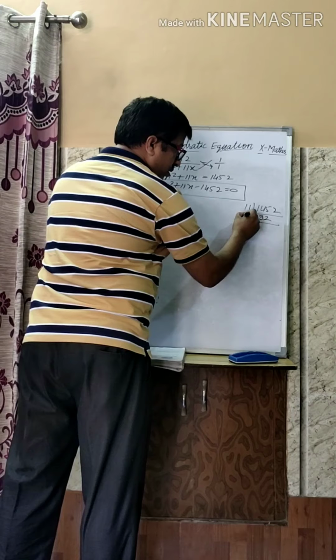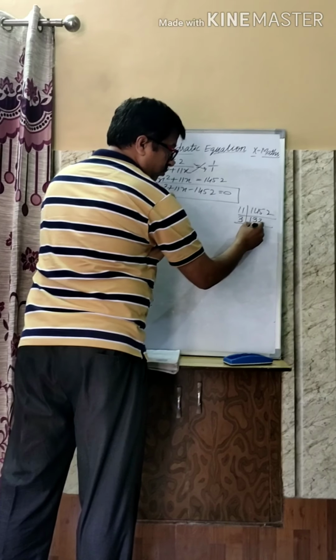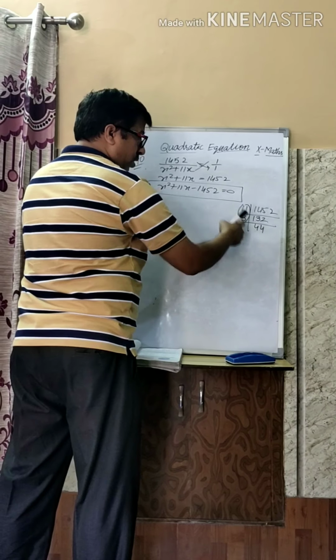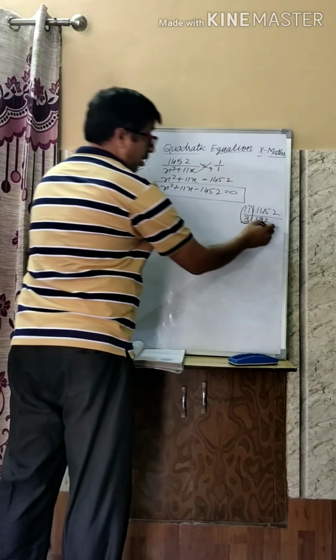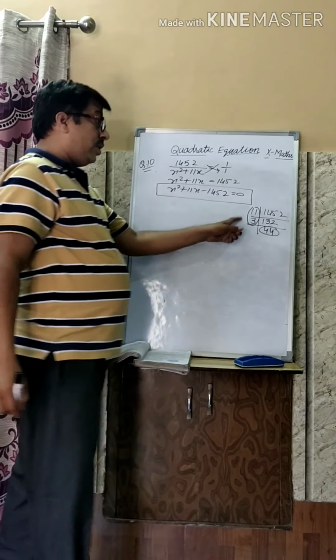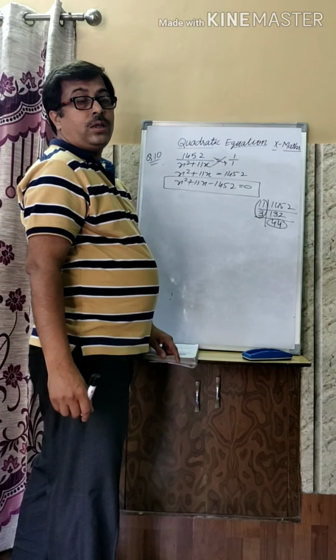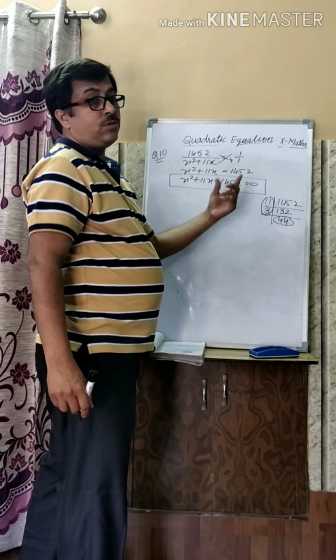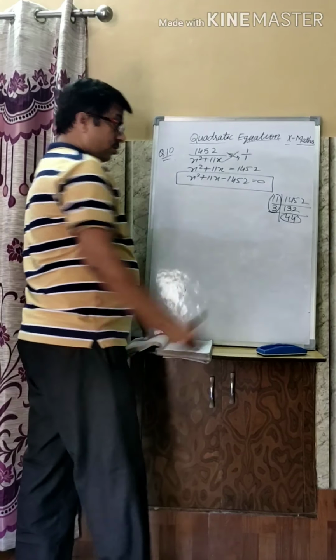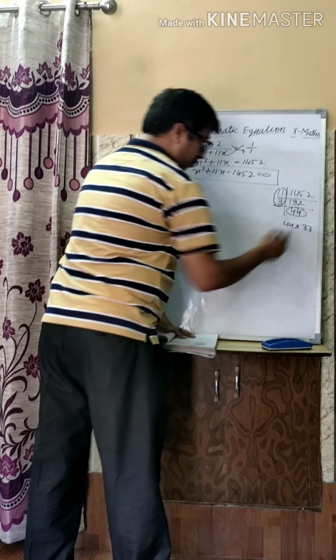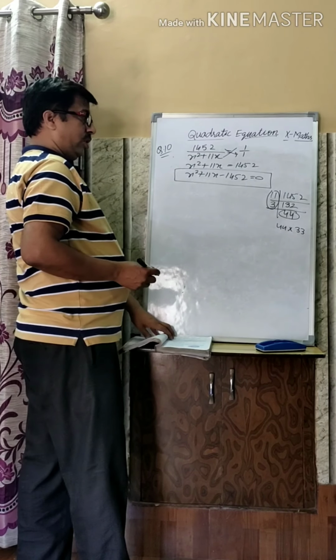Then again you check, it is divisible by 3 also. 3 fours are 12. Now again you see, 11 threes are 33 and then 44. 33 into 44 is 1452. And then subtract both. 44 minus 33, 11 is coming. So it means the factors 44 and 33 are correct.